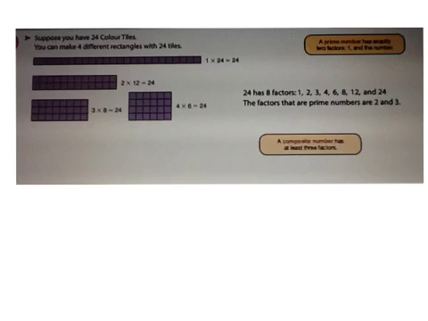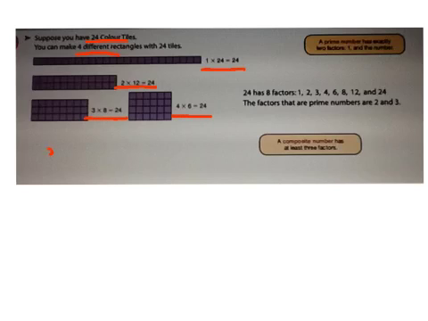Suppose now we take 24 tiles. With 24, we can actually make 4 different rectangles. We can have a rectangle that is 1 by 24, 2 by 12, 3 by 8, or 4 by 6.